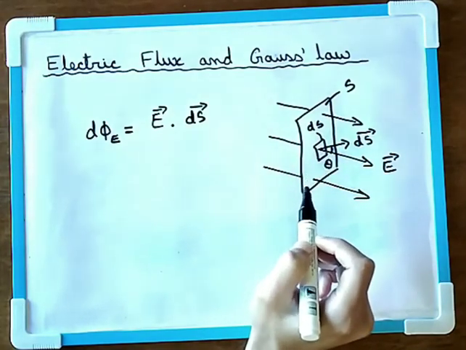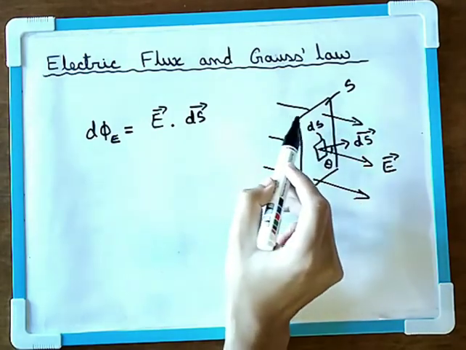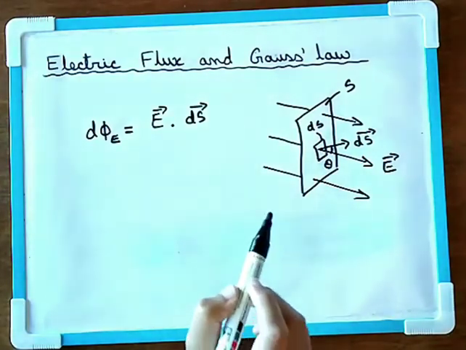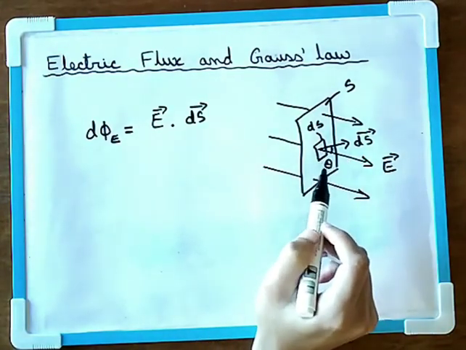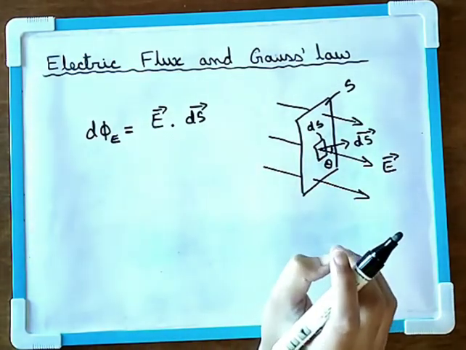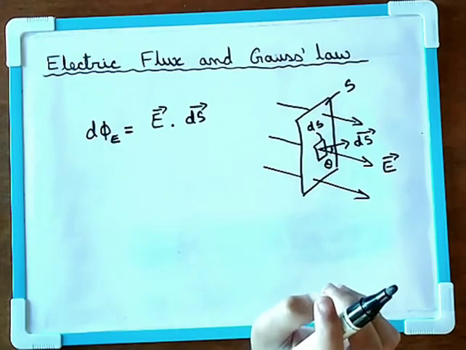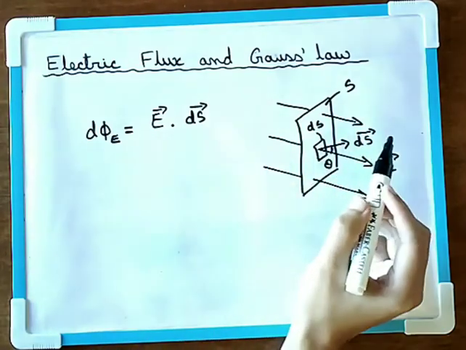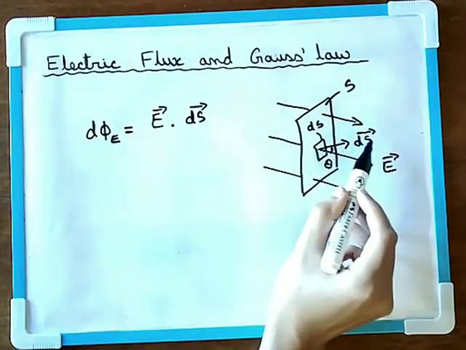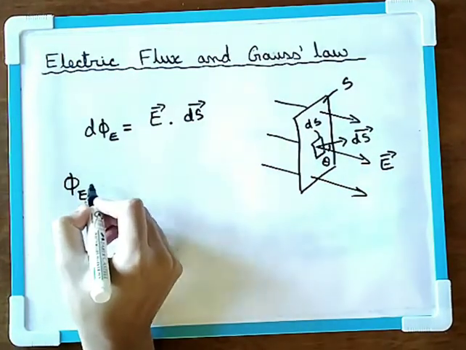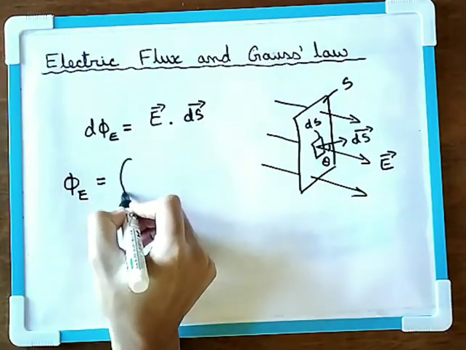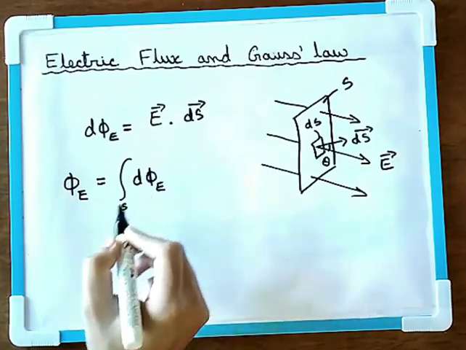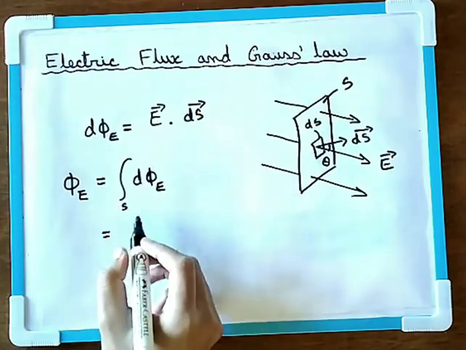If you want to find the electric flux through this area S, then we'll have to sum all this area, or in other words, I'll use the proper words here, we'll have to integrate this d phi over the surface. So your electric flux through this surface S is the integration over the surface of this d phi E, and d phi E is E dot dS.